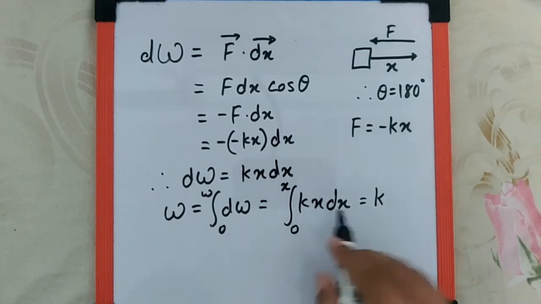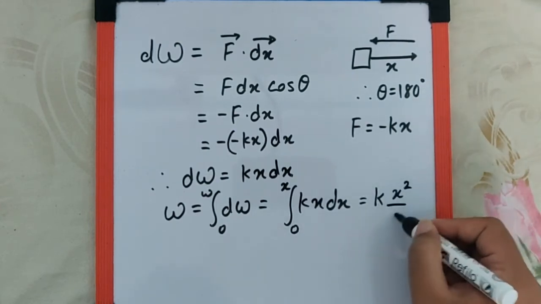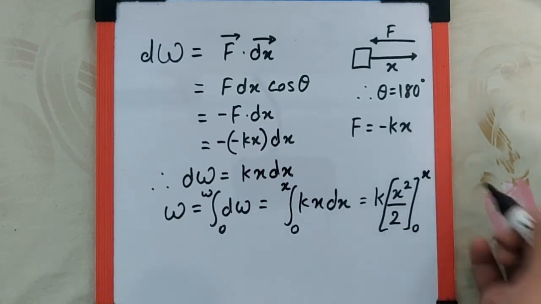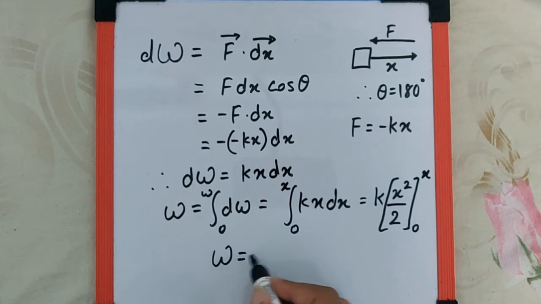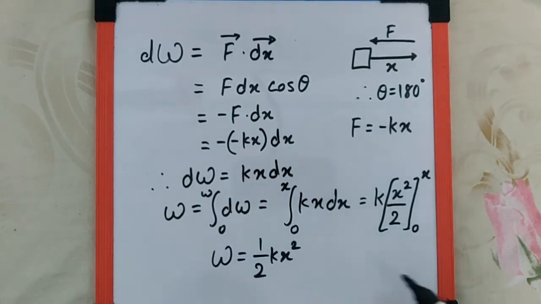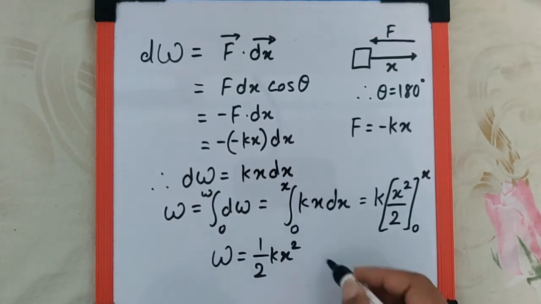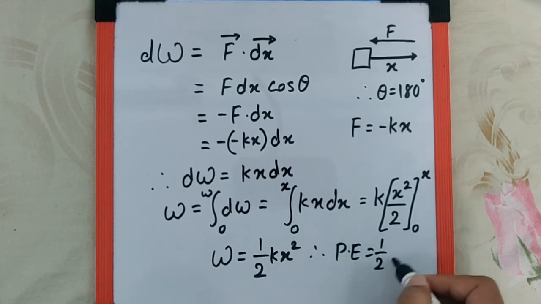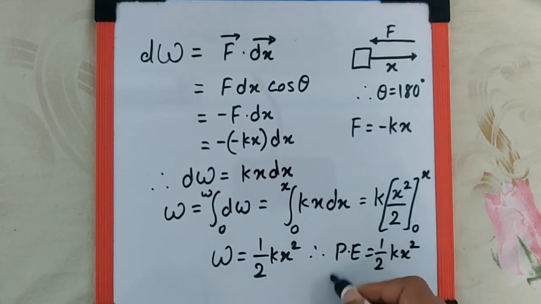The integration of x dx is x square by 2 with limits 0 to x. So the work done is half k x square, and work done gets stored in the body in the form of its potential energy. So we can say the potential energy expression is going to be half k x square.